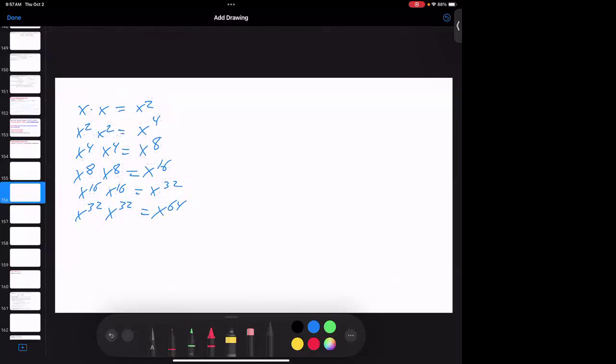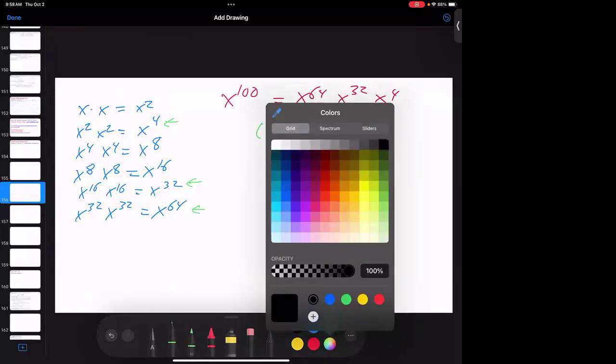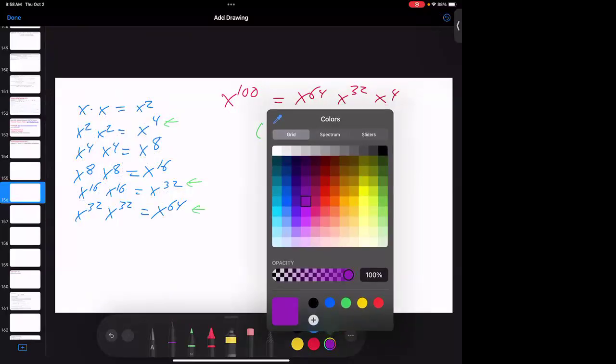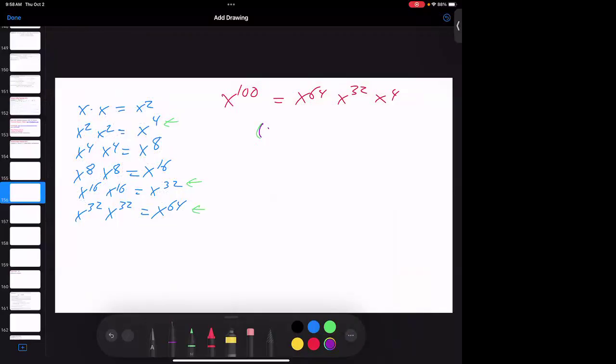So we want to calculate x to the 100, which is x to the 64, x to the 32, x to the 4. And so we know we are going to need x to the 4, x to the 32, and x to the 64. So let's start off with the pair x comma 1.